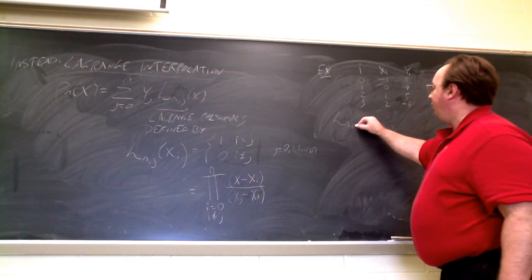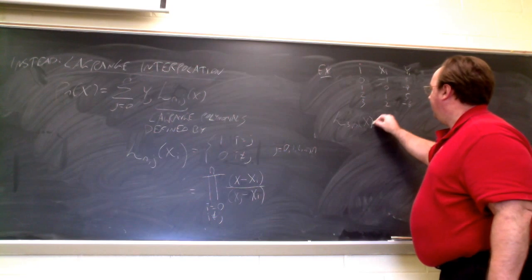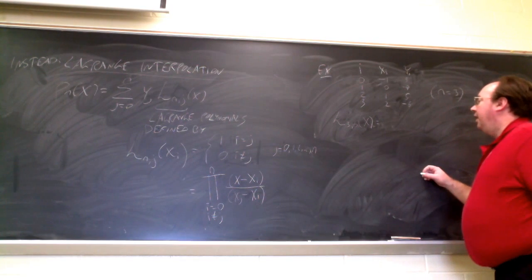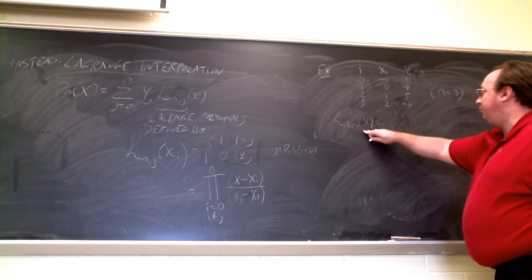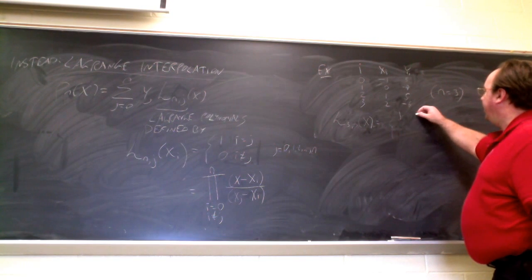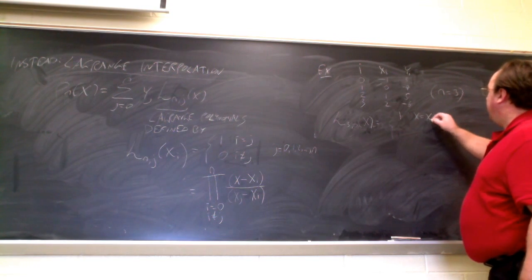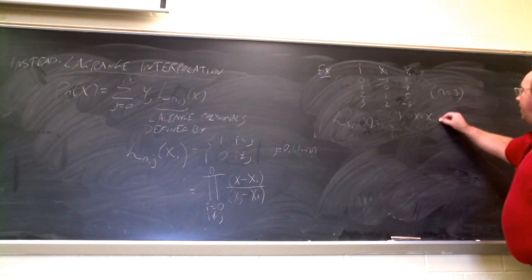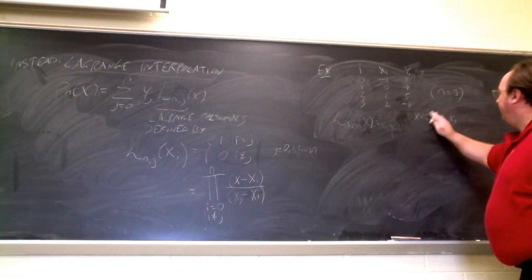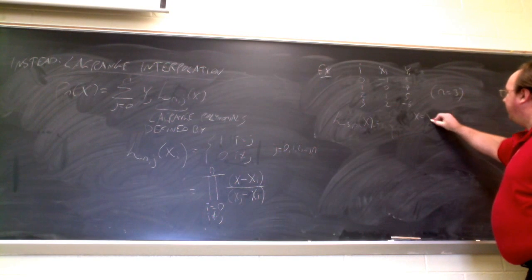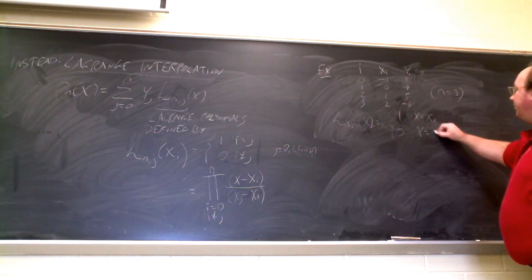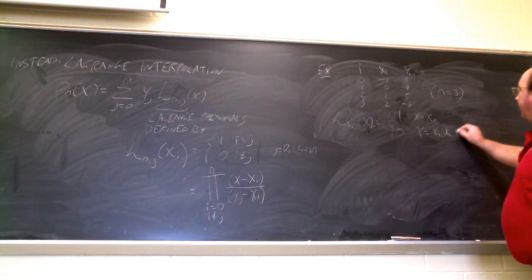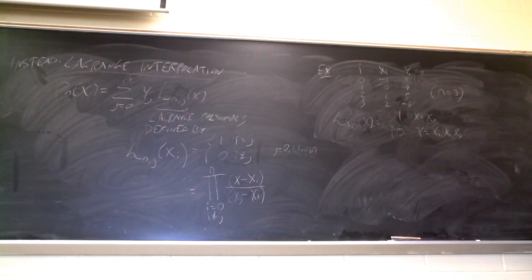And my first polynomial, I need to make sure that it is equal to 1 when x is equal to x0. When x is equal to any of the other x values, x1, x2, x3, then it's equal to 0.